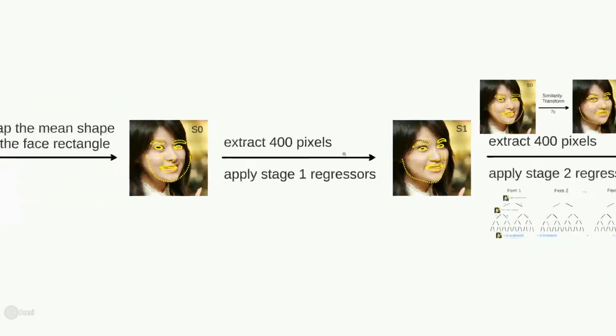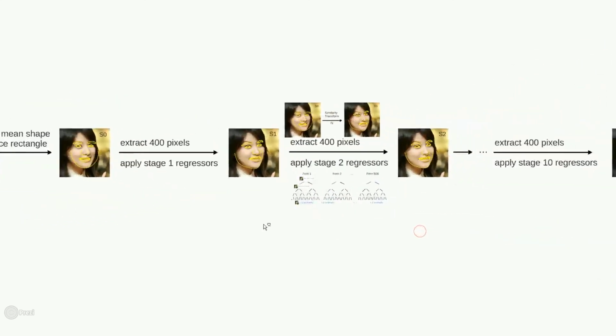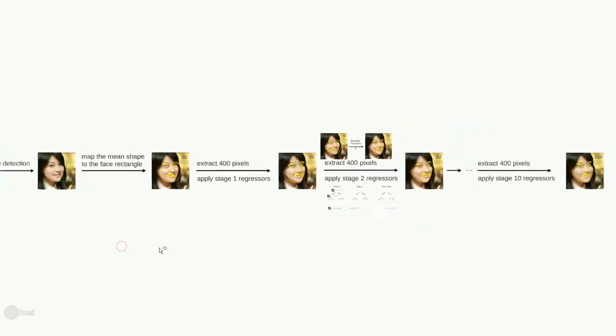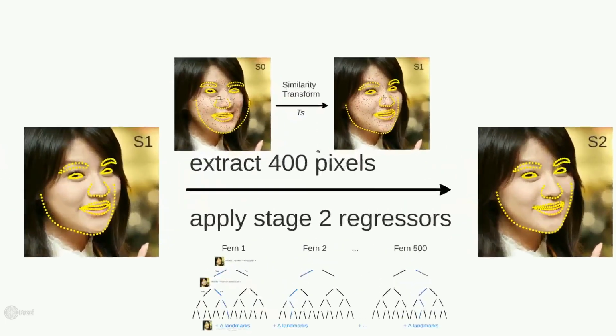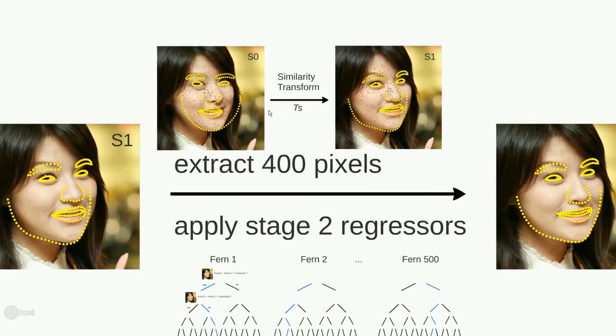But the author of this paper divides it into 10 stages. And for each stage, they will extract a different set of 400 pixels. And these 400 pixels would be changed according to the current shape.